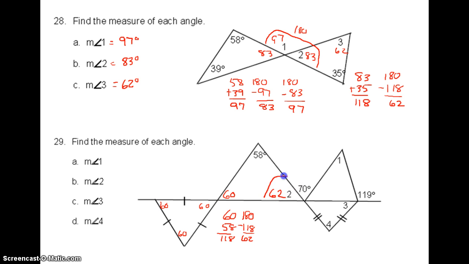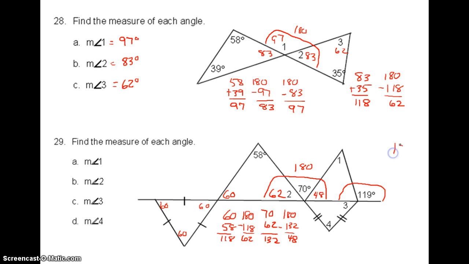I know these three have to add up to 180. So I'm going to do 70 plus 62, which is 132. 180 minus 132 is 48. So this angle right here is 48. Now let's see, I know I can find this because these add up to 180.